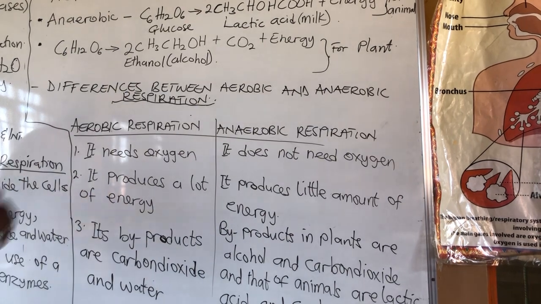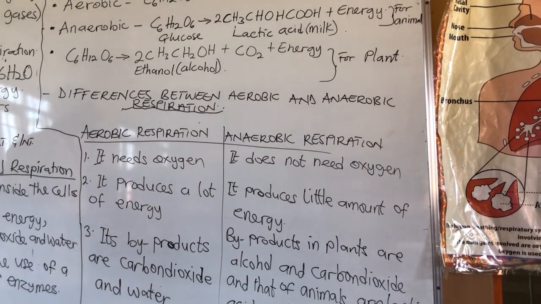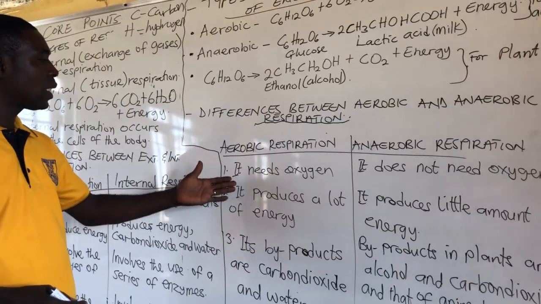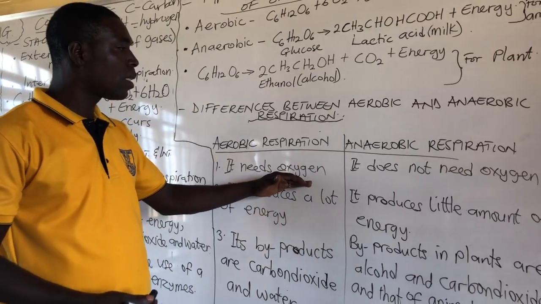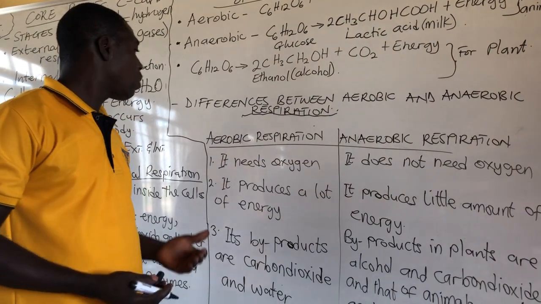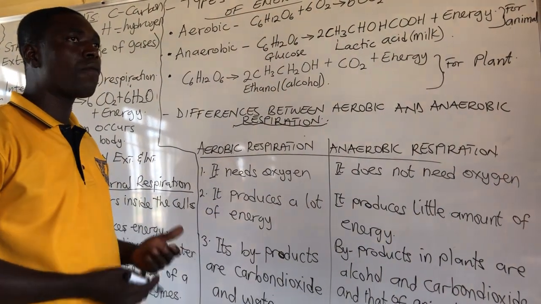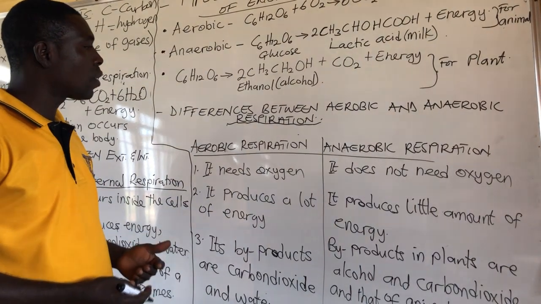Now let's look at the differences between aerobic respiration and anaerobic respiration. Aerobic respiration needs oxygen, that is air, to take place. And you know the meaning of respiration, to take in oxygen to break down food substances. So oxygen is involved, or air is involved.